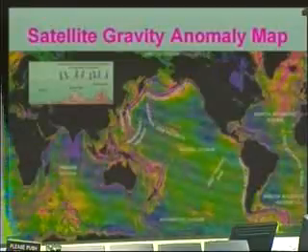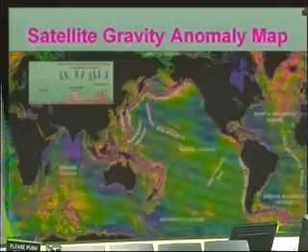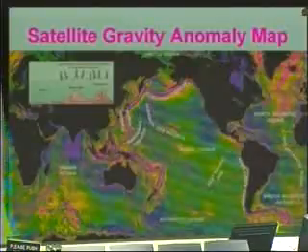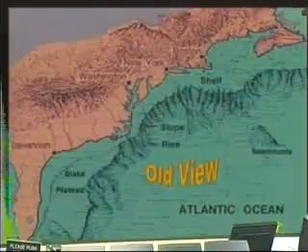Now, it turned out our guesstimations were pretty good, but we still had gaps. We still had some little missing pieces of the puzzle. This picture with this gravity kind of filled in all the little voids. And of course, if we devise better resolution with this type of device, we'll find even more information about the seafloor. Here's kind of a drawing of the old view that we would see.